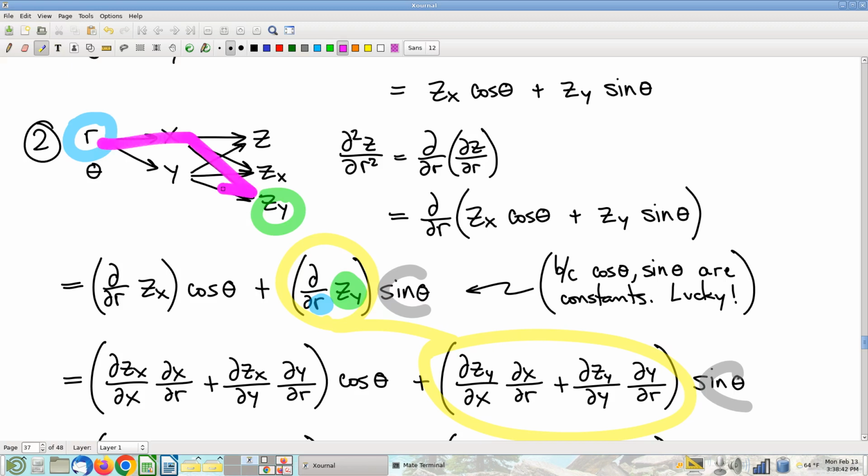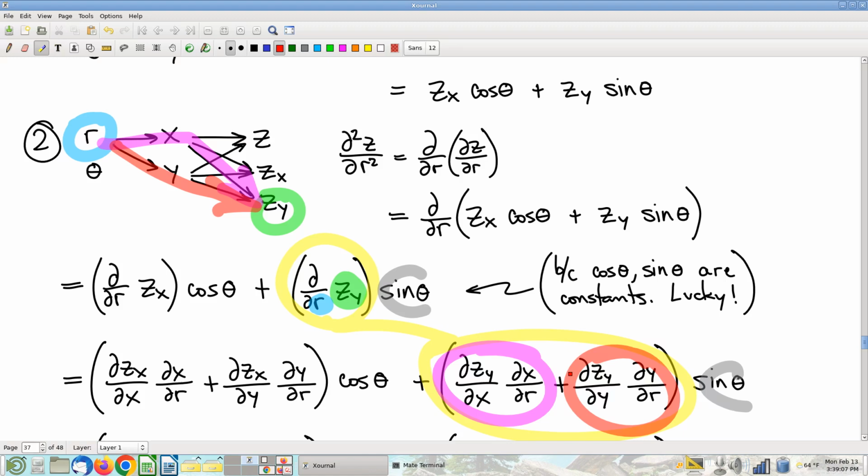There's the x path through the x intermediate variable. There's that term. And here's the y path through the y intermediate variable. There's that term. So again, just follow the rules. My diagram tells me what the intermediate variables are, and therefore the corresponding paths, and therefore the corresponding terms.